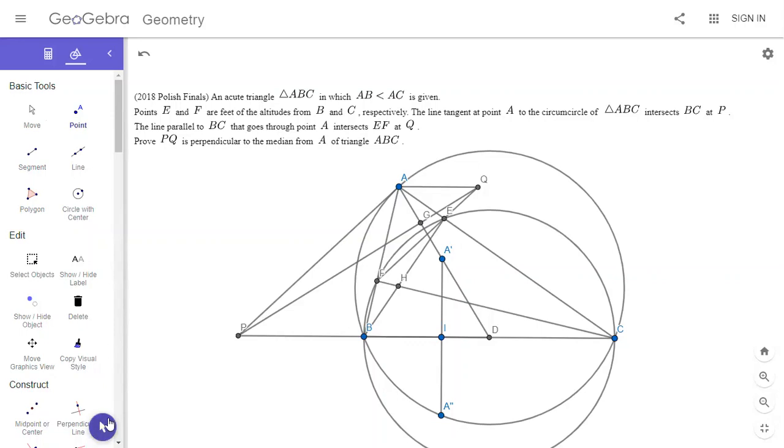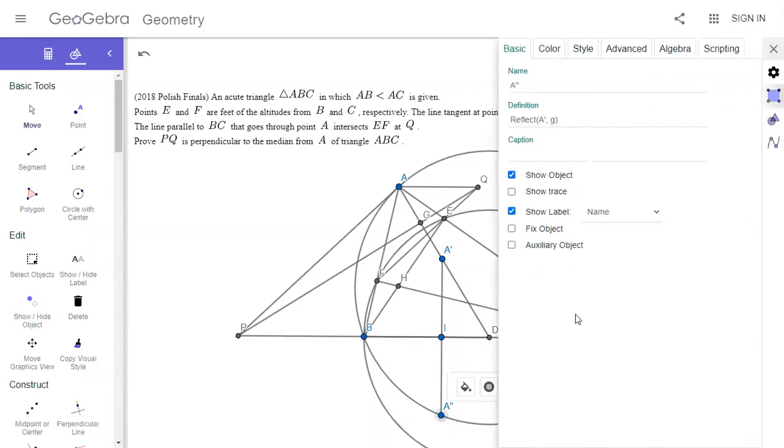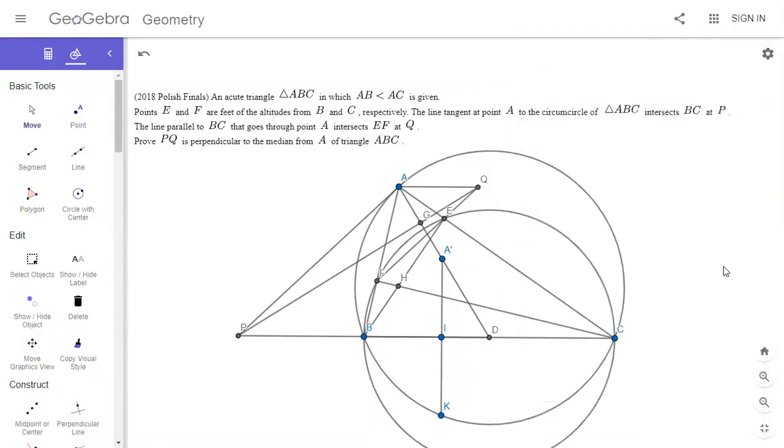But I'm going to give this a different name. I don't like double primes. I'll call it K.